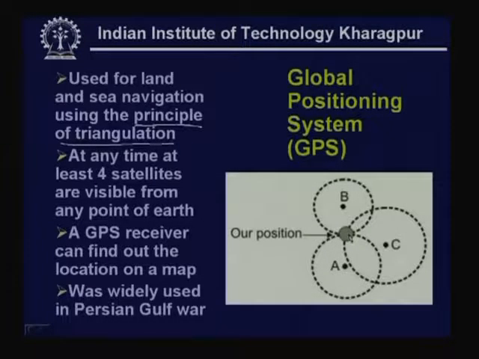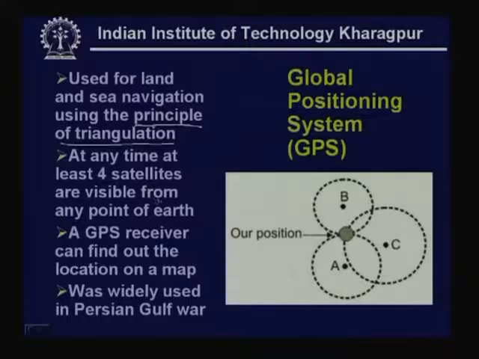It can be proved that if these 3 positions are known, the unknown position can be identified with the help of a suitable device. That is done with the help of a GPS receiver. By time stamping, the signal is sent to A, B and C, and the delay is measured, by which the distance to A, B and C is measured, and then the point at which these three circles coincide is the exact position.